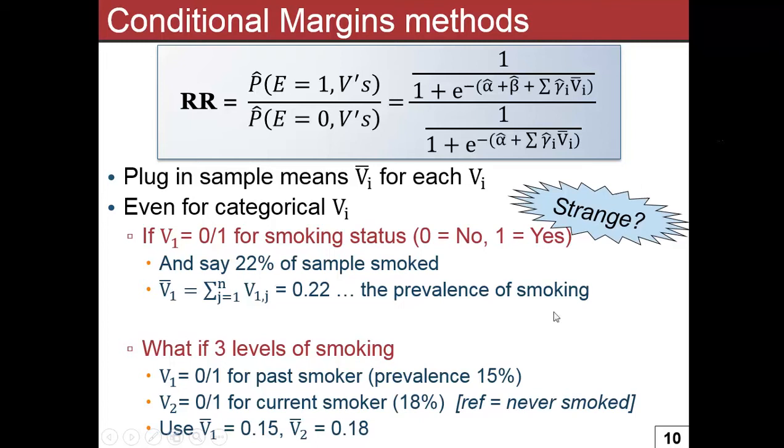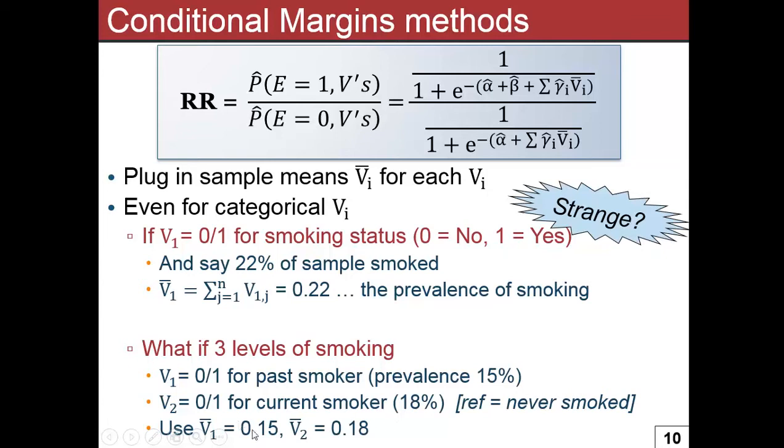Or better yet, think about 3 levels of smoking. This is even weirder, right? What if you had 3 levels of smoking? A totally nominal, unordered, categorical thing. Never, current, past. Okay, so past would be not current, but only past. Now you have 2 dummy variables, and the reference, let's say, is never smoked. V1 is past smoker, and V2 is current smoker. I made up 15% were past and 18% are current.